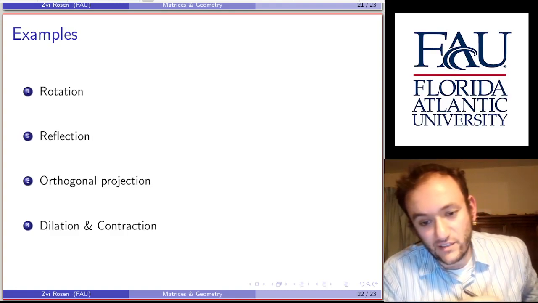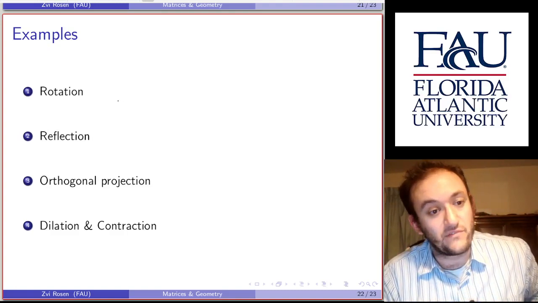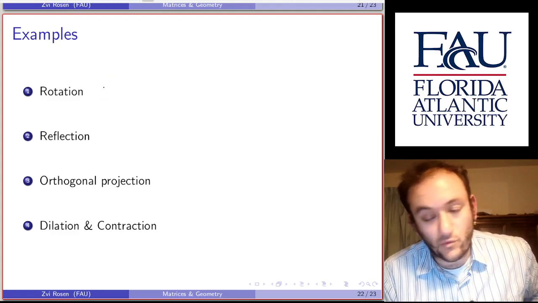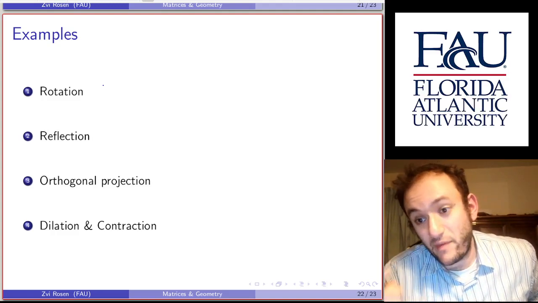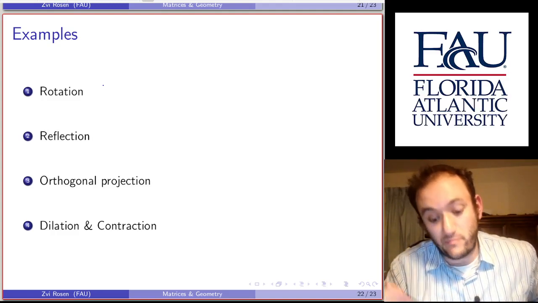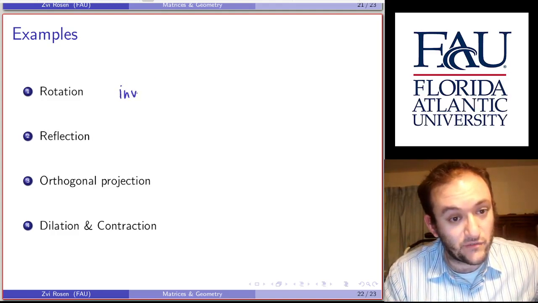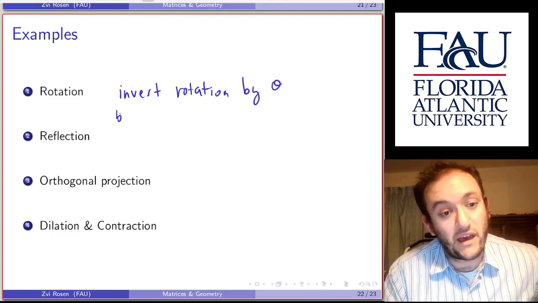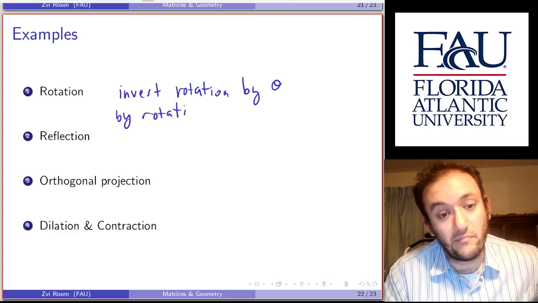Okay, and let's look at some quick examples of which of these are 1-to-1. So rotations are 1-to-1 because to get back to the previous vector, you just rotate back. So you can invert rotation by theta by rotating by minus theta.